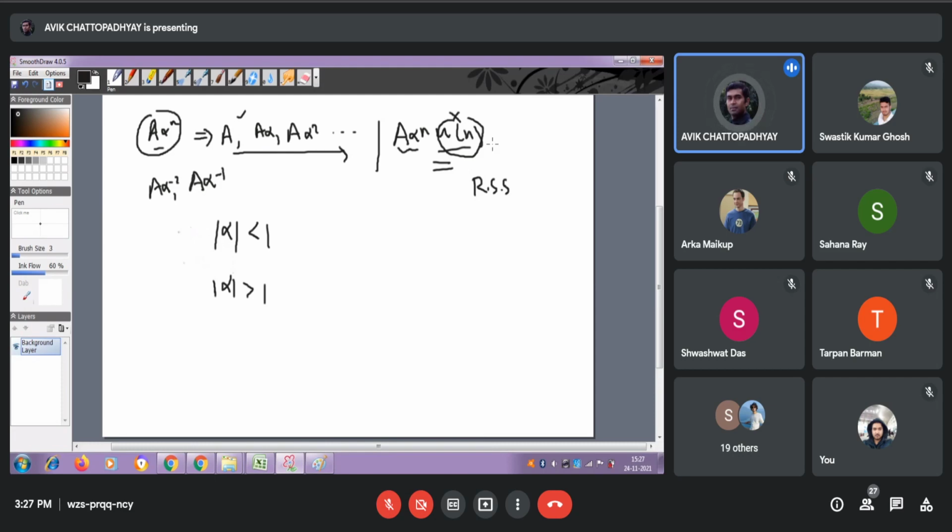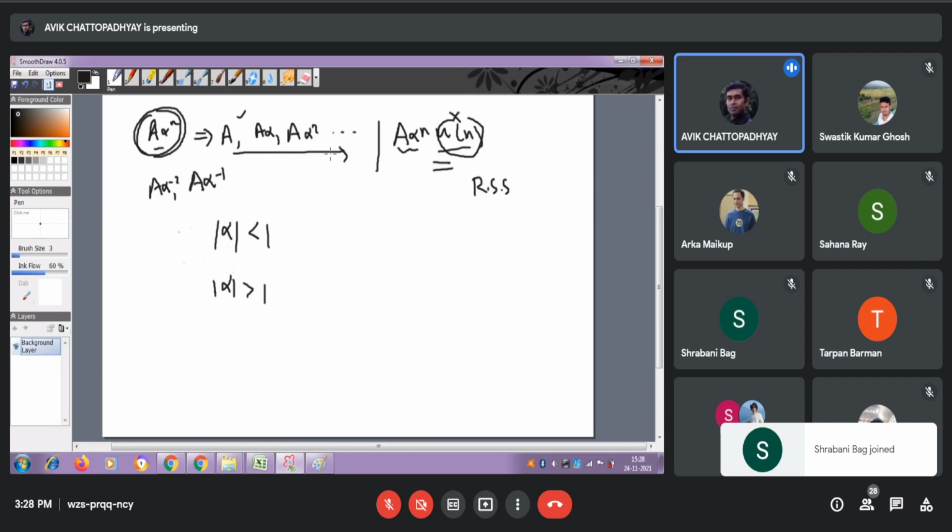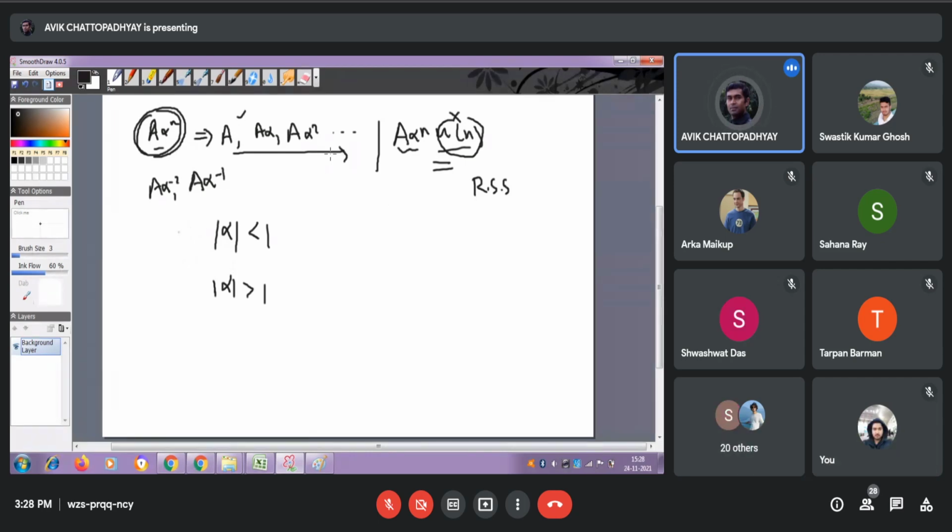suppose it is not a right-sided signal. If anyone asks you in general, suppose the sequence only alpha to the power n is given, with no u of n or u of minus n kind of multiplicative factor, only alpha to the power n.